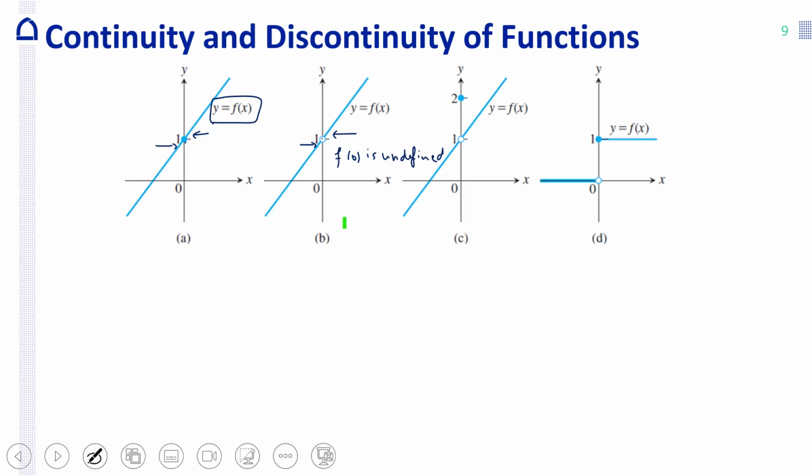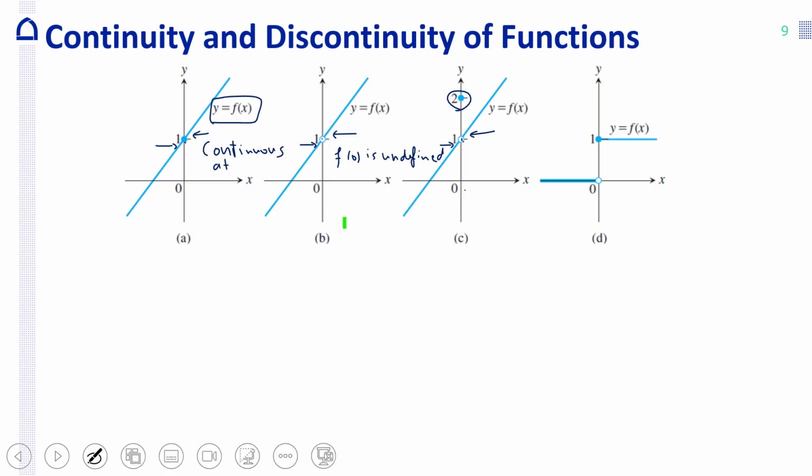Also here, the right limit equals the left limit equals 1, but the value of the function is 2. So if we redefine the function, we can remove the discontinuity. So instead of having f of 0 equal to 2, we make f of 0 equal to 1, right? So here this is continuous. We have no problem with this one.